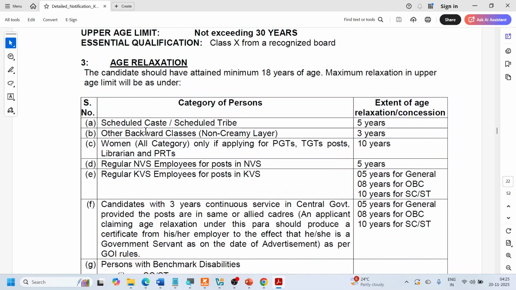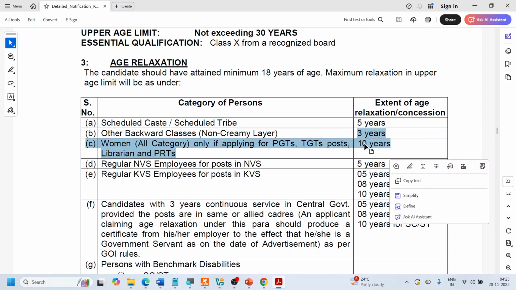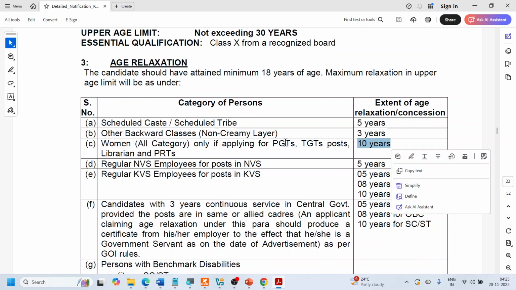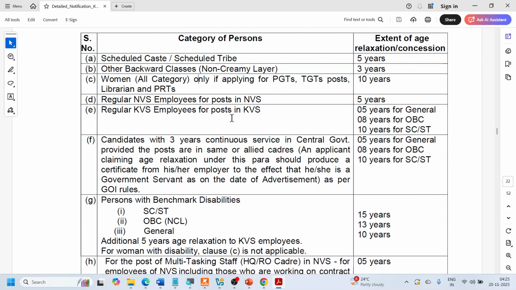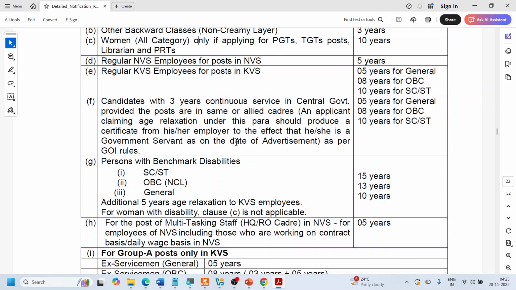Okay. Coming to the age relaxation, as I told you, for SC/ST 5 years, this is usual. 5 years relaxation will be there. Backward it is 3 years, and for women it is 10 years. So you can apply for regular NVS employees. 5 years relaxation is there, and for KVS NVS relaxation is there.